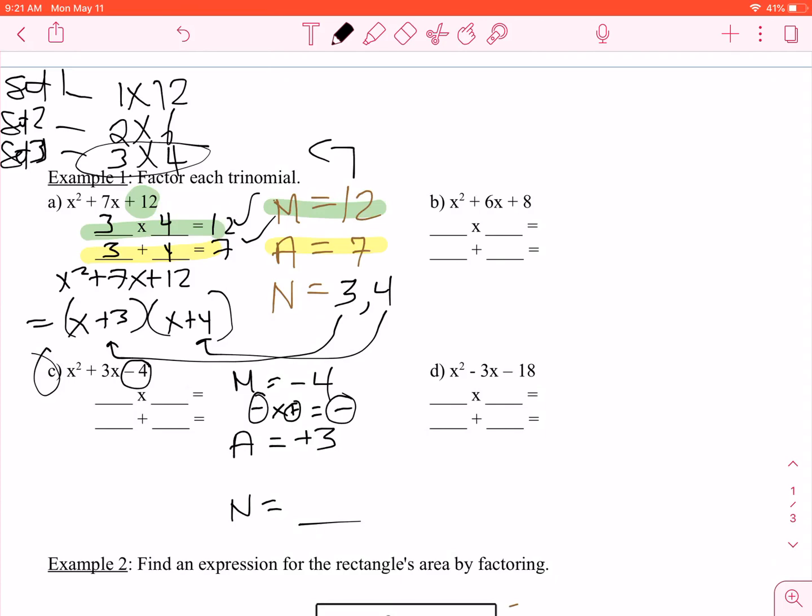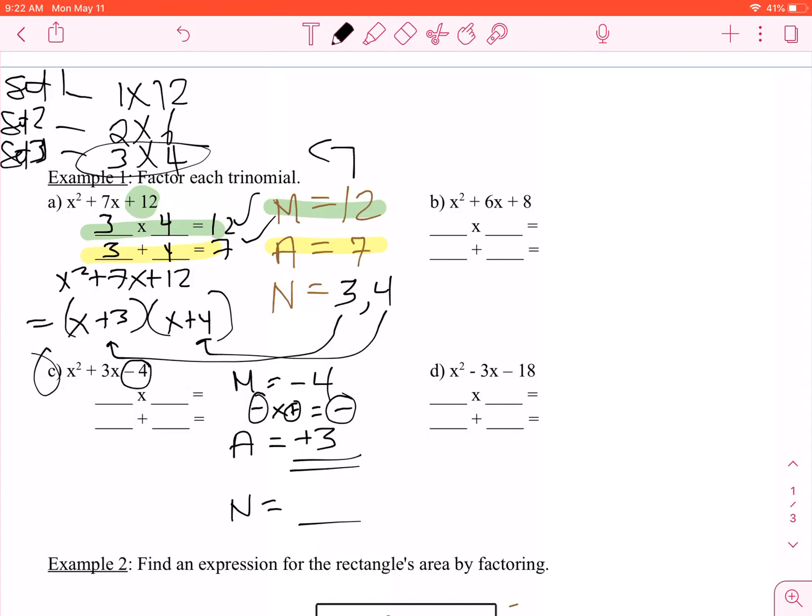Okay, so 4 is a simple one because there's only 2 options, right? 2 times 2 equals 4. 1 times 4 equals 4. Now I need a number that can eventually add to 3. So what I usually try and think about is which numbers have a difference of 3, because that's the opposite of addition. And then from there, thinking that because we're looking for a negative product, one of them needs to be negative, so that sum does become the addition, or plus 3, that I've been looking for.